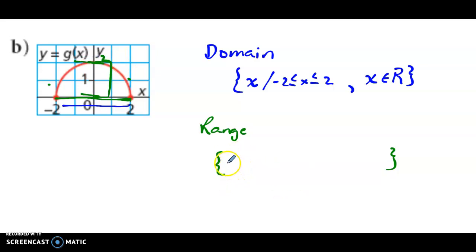So in my range, it'll be the set of y such that 0 was the smallest value. It's included. There are points where y is equal to 0. The highest value is 2, and that's included on the graph. It's not an open dot. And because the graph is connected, y belongs to real numbers.